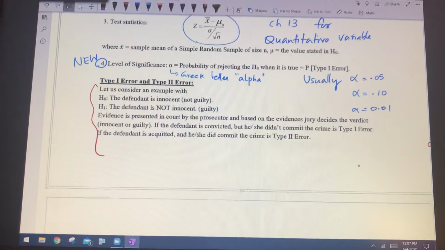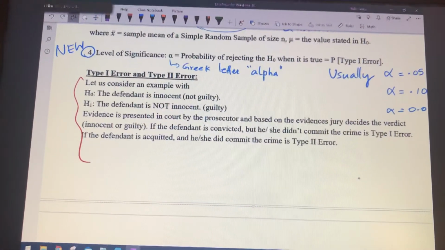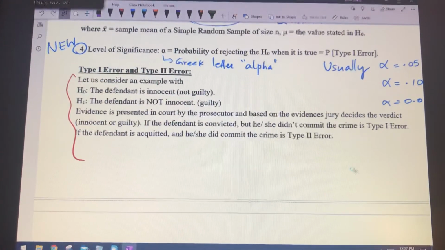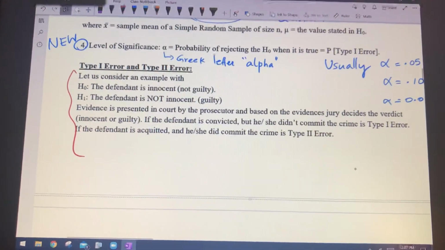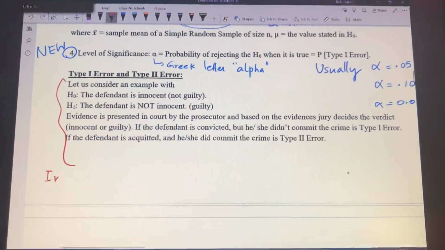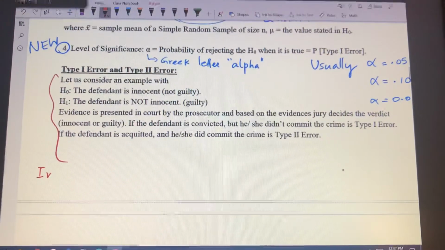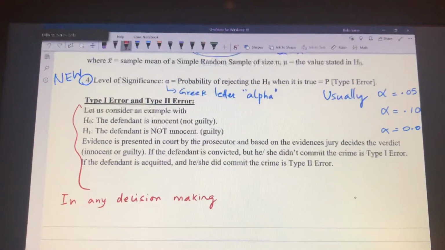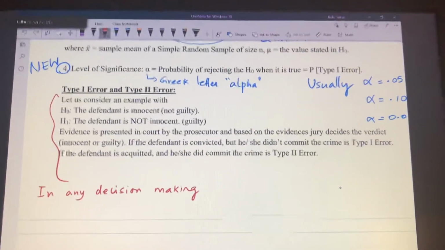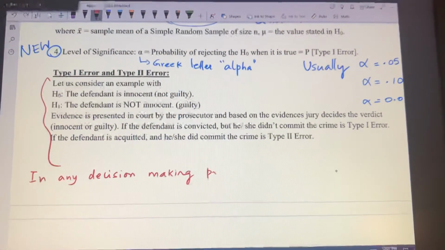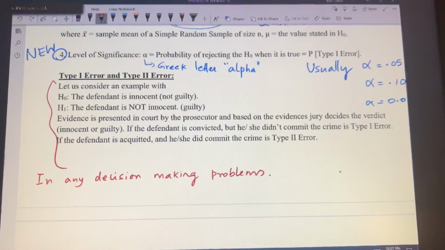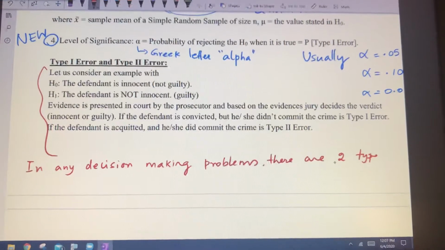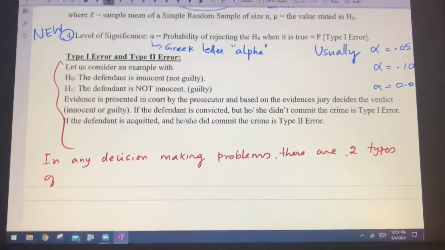In any decision making problem, there are always going to be two types of error that are not avoidable, because you're going to decide whether to accept or reject. These two types of errors are totally inevitable.